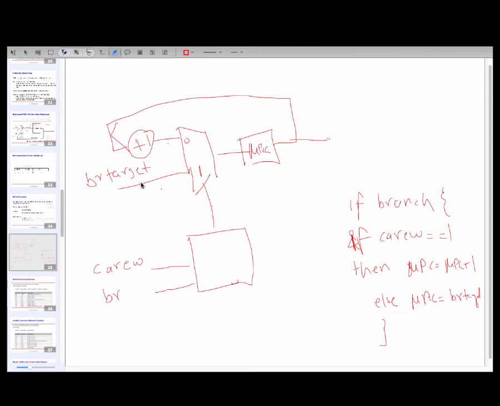Let's try something different. If I want to switch it, if I were to say, if car east west is 0, I am just changing that. Car east west is 0. I want program counter to be incremented.